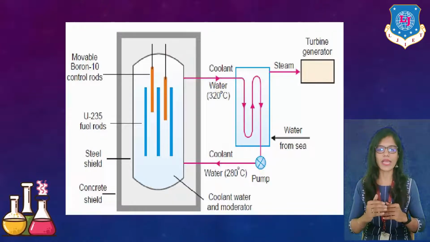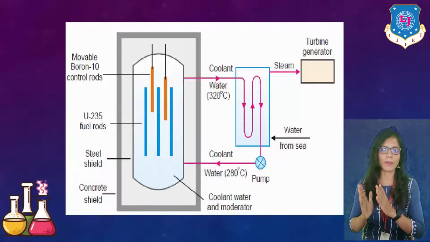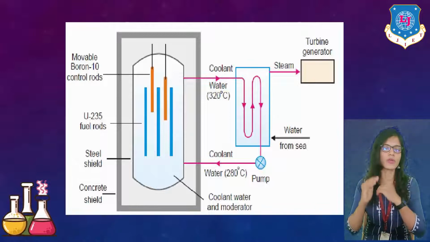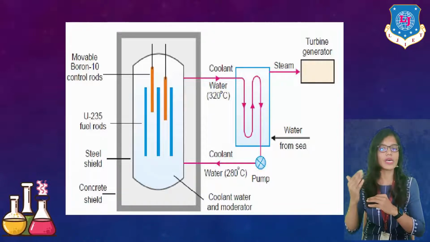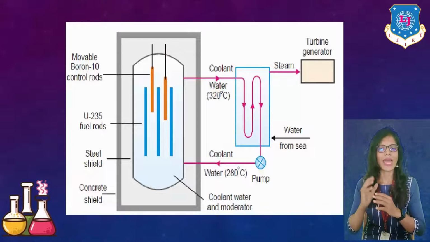That 40 degrees Celsius rise in temperature occurs, and the higher temperature coolant water is moved to the coolant compartment, where we have water from the sea. That higher temperature water will raise the temperature of the sea water also, and that will create steam.